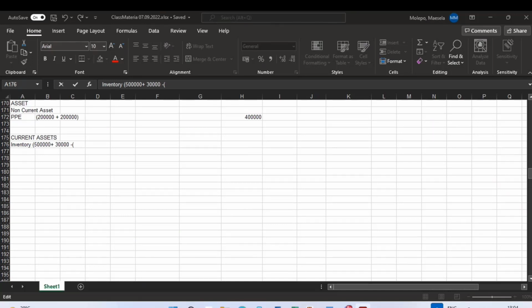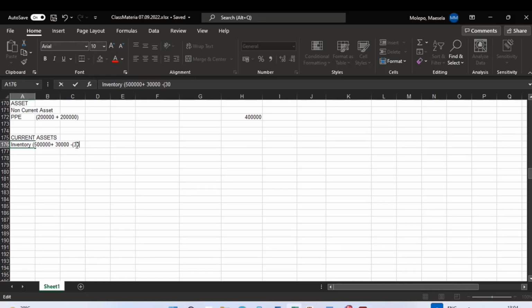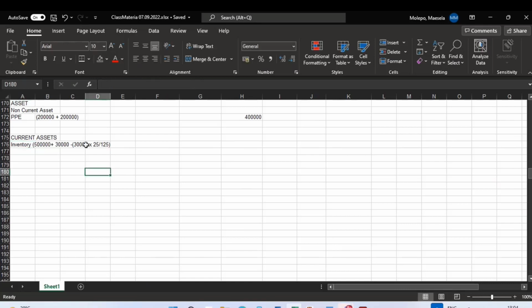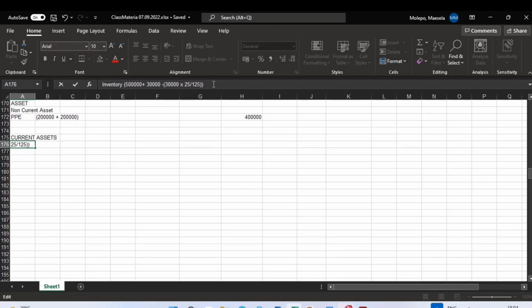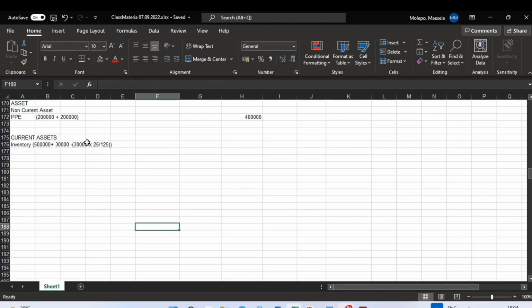So we'd say the 30,000 of this closing inventory multiplied by 25 divided by 125. Does it make sense? We are lessening the profit from this 30,000 because he didn't sell the inventory.